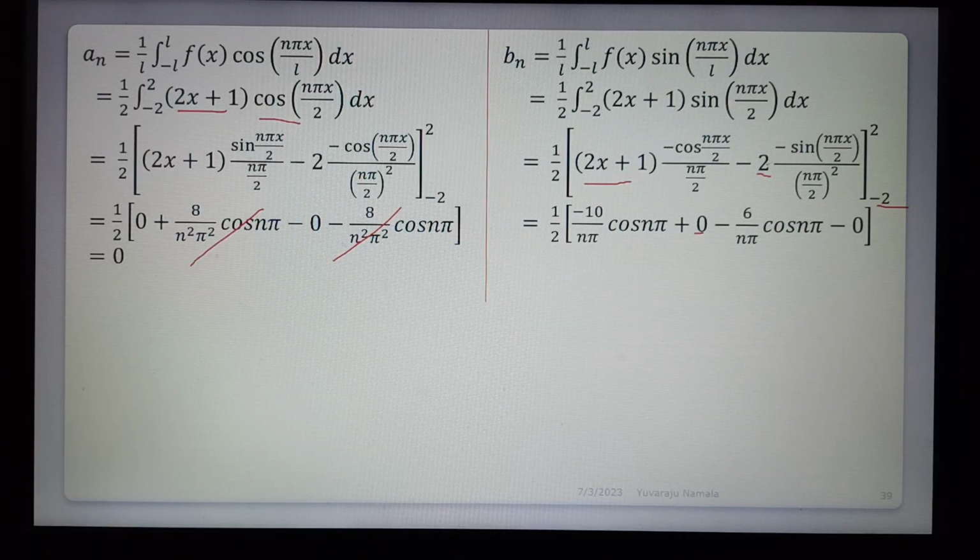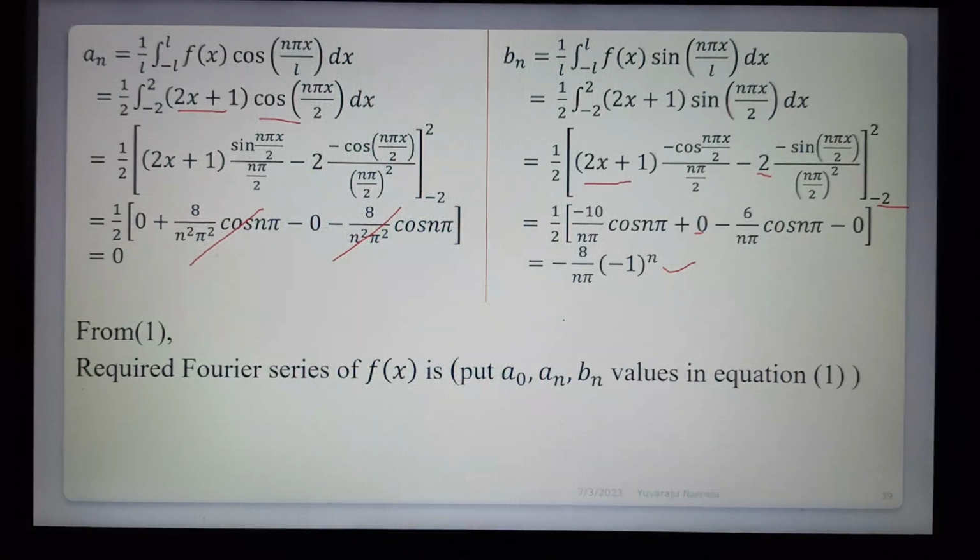Next, minus into minus plus, sin 2n pi, 2 2 cancel, sin n pi is 0. So simplification: both are the same, minus 8, minus 6, minus 16, that is minus 8 by n pi into minus 1 power n. This is the b n value.